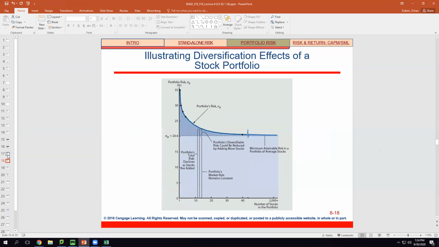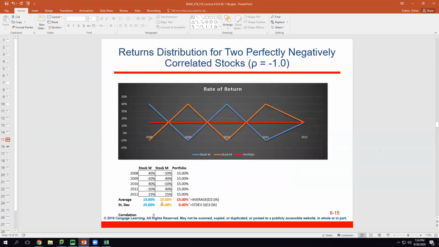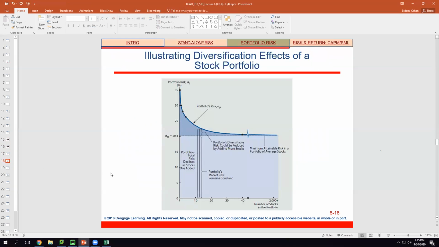The next thing is, how much can I decrease the risk? Look at this graph once again. In this example, I eliminated the risk to zero. This is a very extreme example, but yes, you can decrease it as much as possible. Remember the video, there's something called market risk.